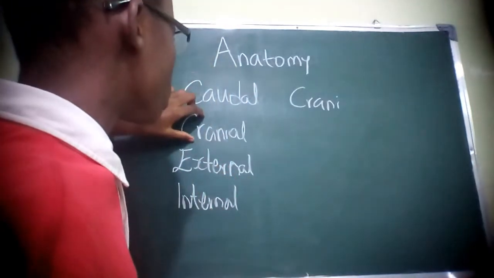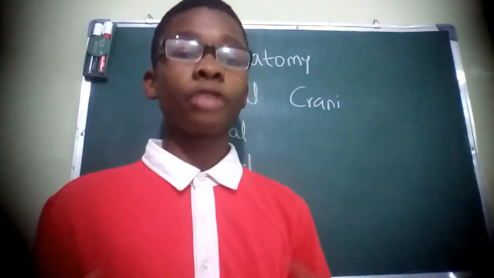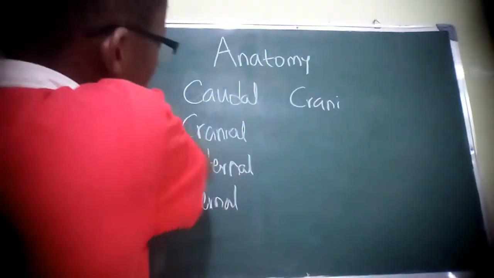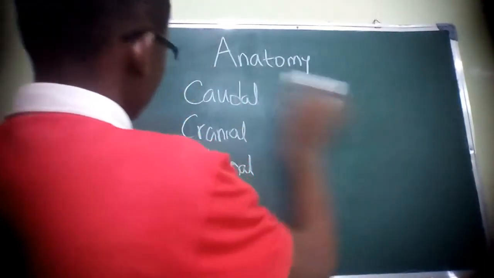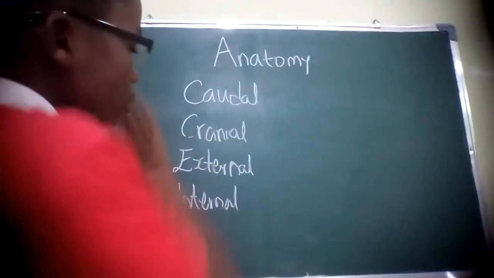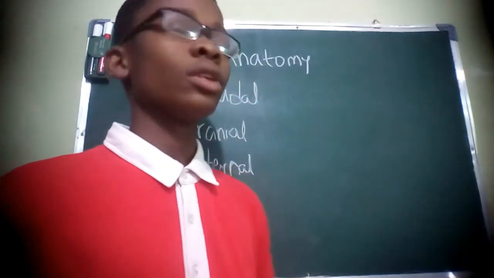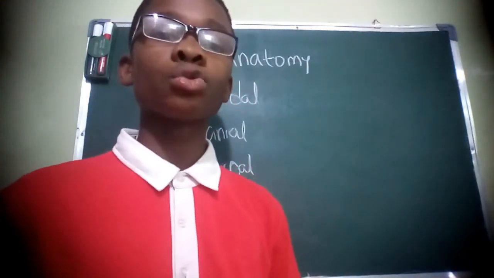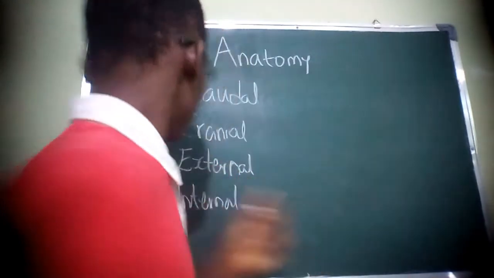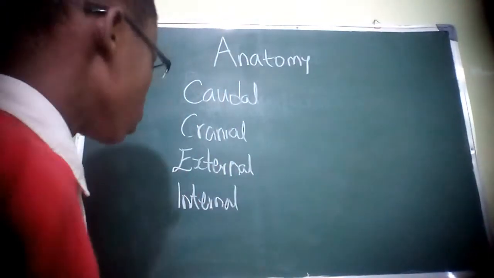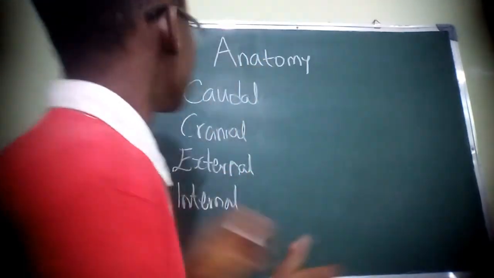And so cranial simply means that the structure is nearer to the upper part of the body. External simply means that the structure is outside the body, like when we have exoskeletons, which are external structures. And internal simply means that the structure is inside the body, like the bones and muscles.